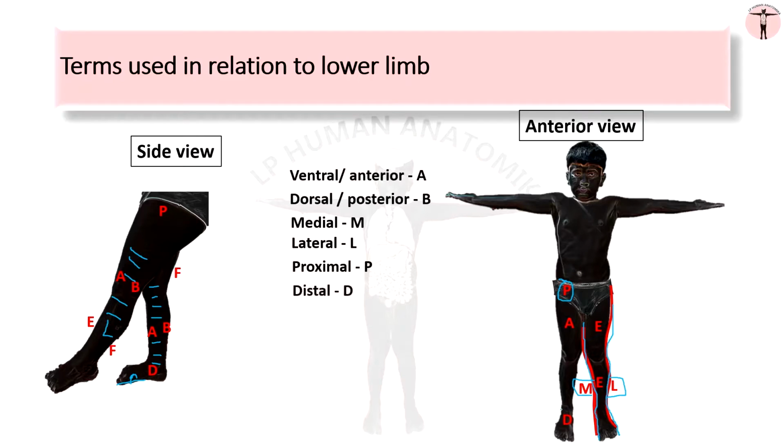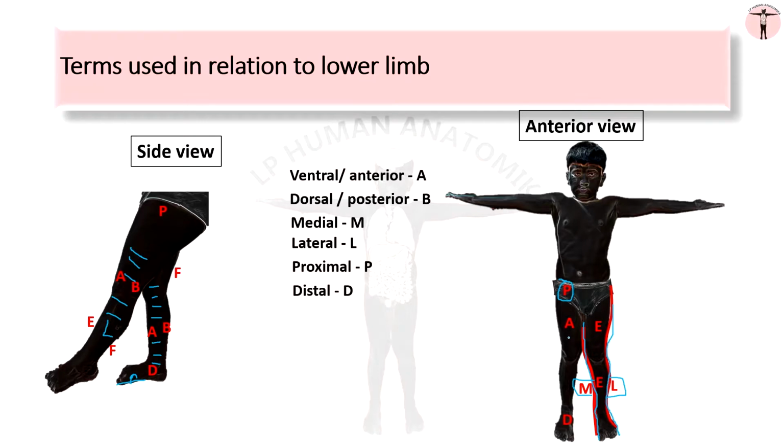Here, P is proximal, D is distal. The same thing when we compare A and D: A is proximal to D, and D is distal to A.